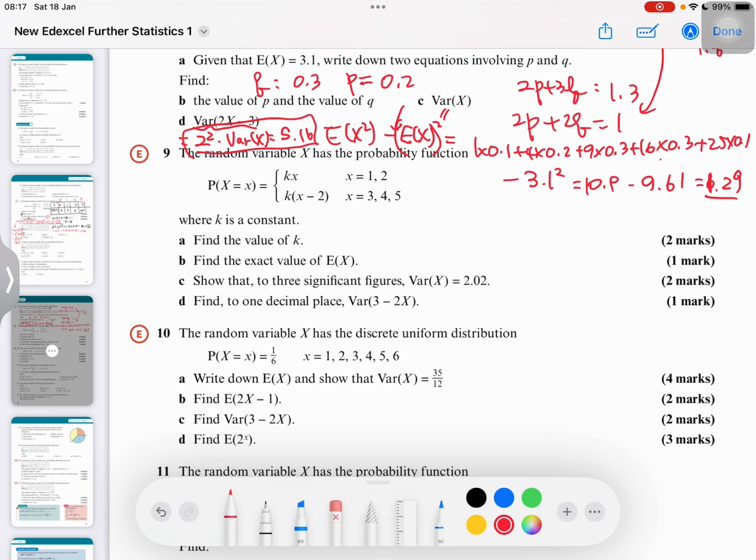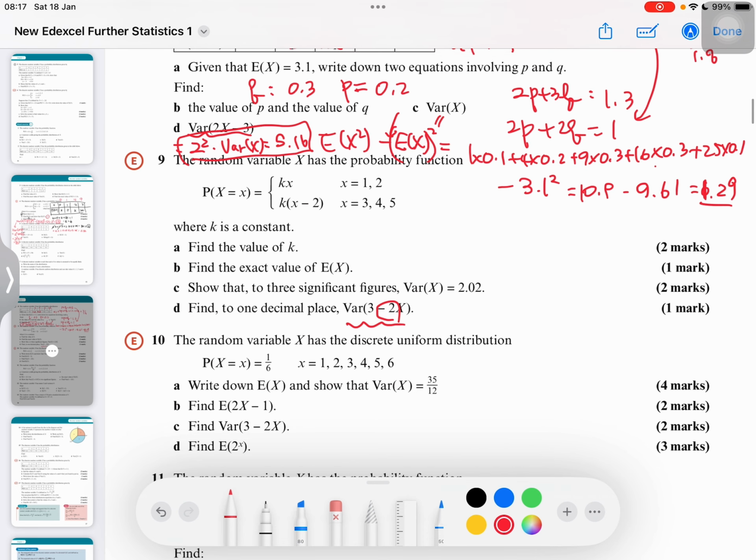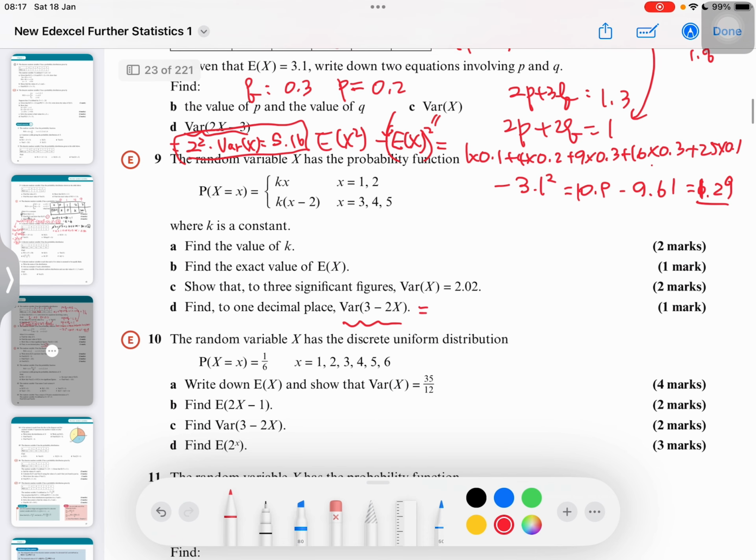And when you find the expectation of x squared minus the square of the expectation, you will get 2.02. And even if the multiplier is negative, variance never has any negative, since negative 2 squared is 4.